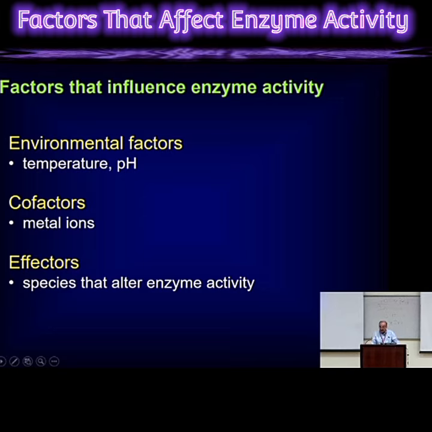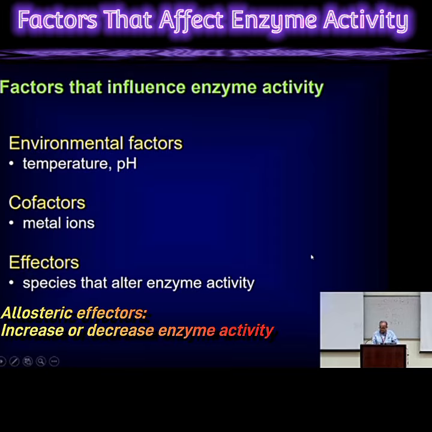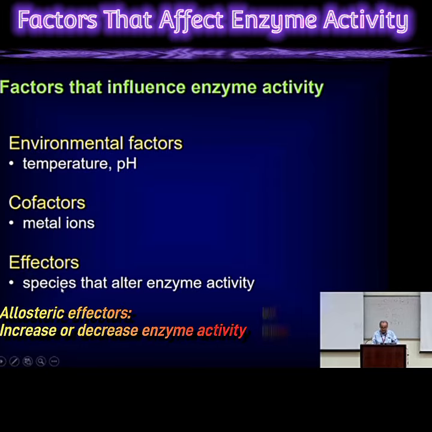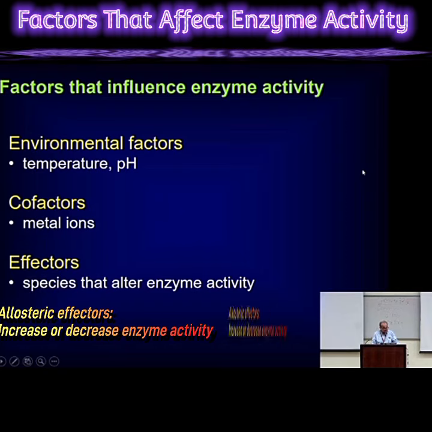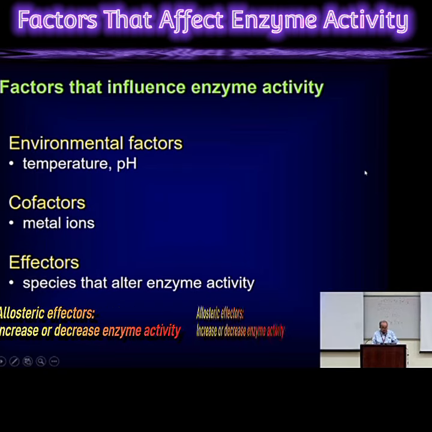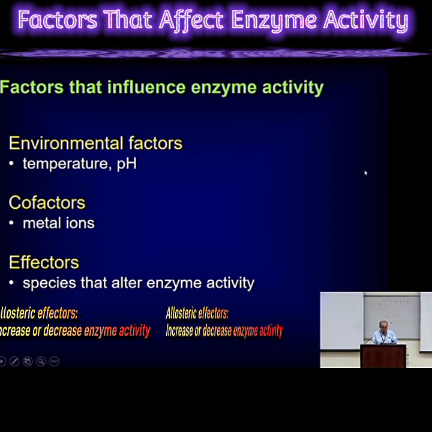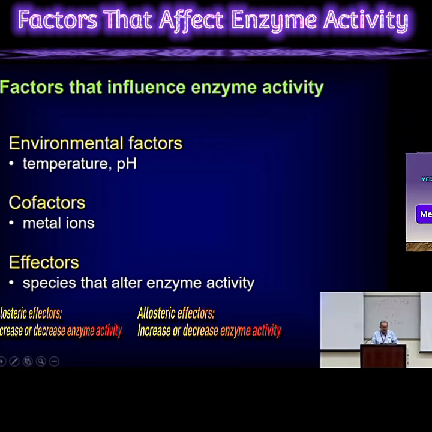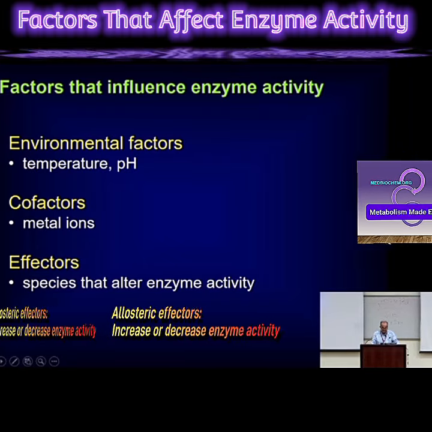Some enzymes require allosteric effectors that can change the activity. They bind to a site besides the substrate binding site, and alter how the enzyme works.